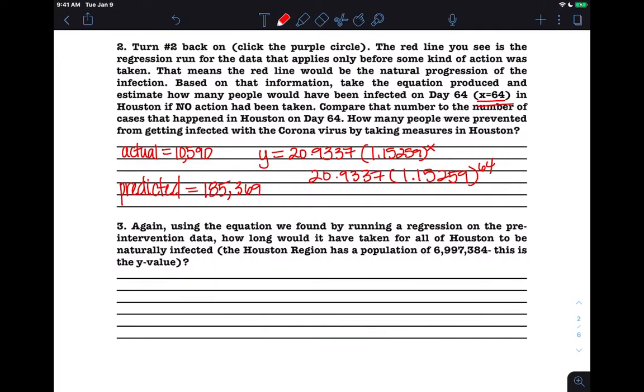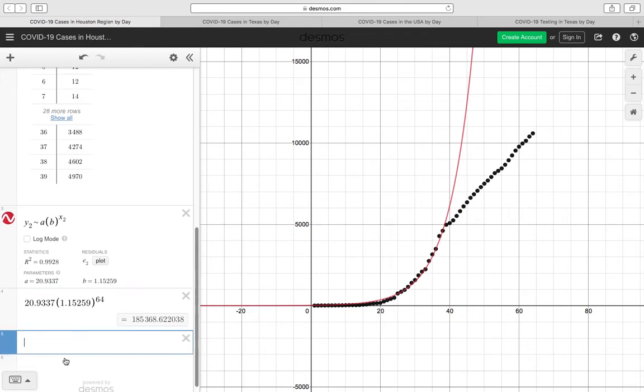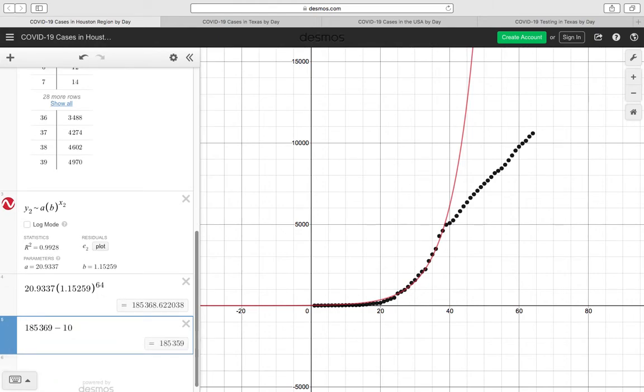So, if I look at those two numbers, this guy is way smaller than that. So it seems like we had some kind of effect on this. So what I'm going to do is I'm going to find the difference between them. 185,369, I'm going to round up, minus the actual number of cases.